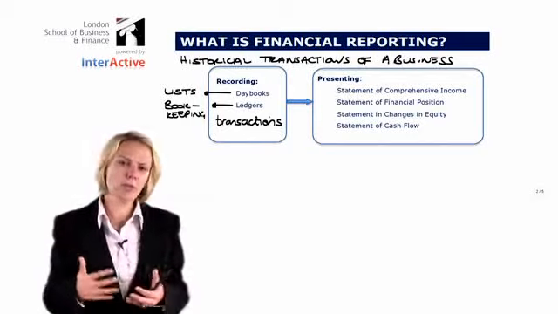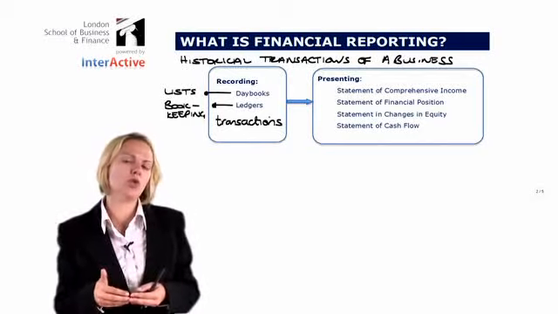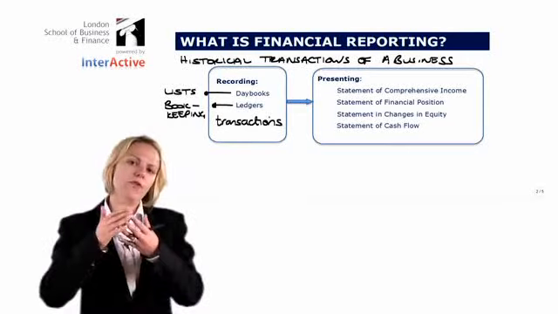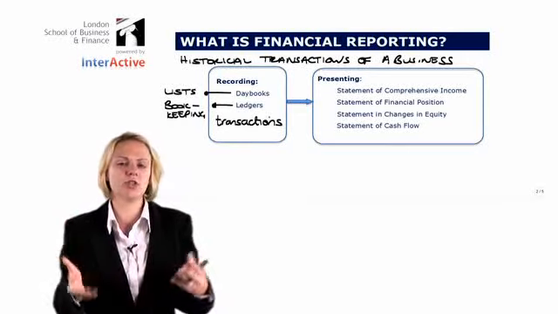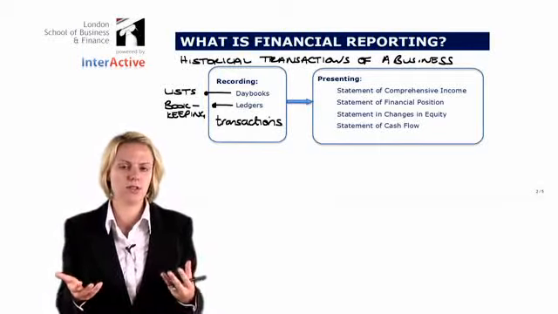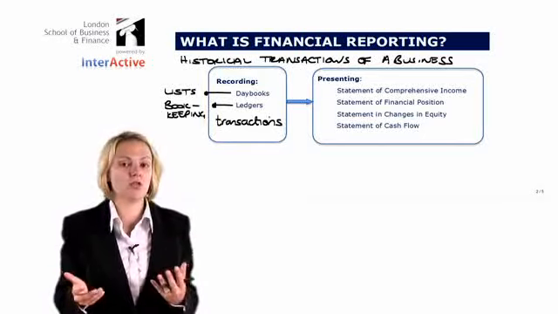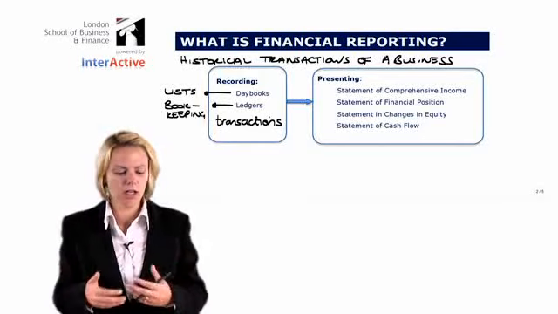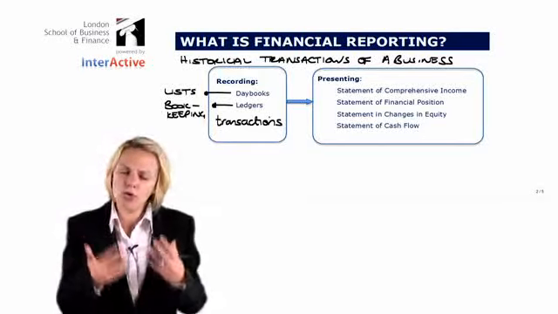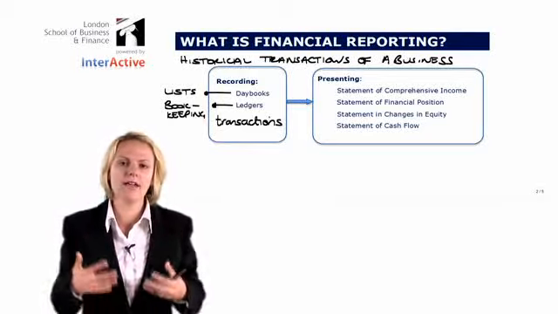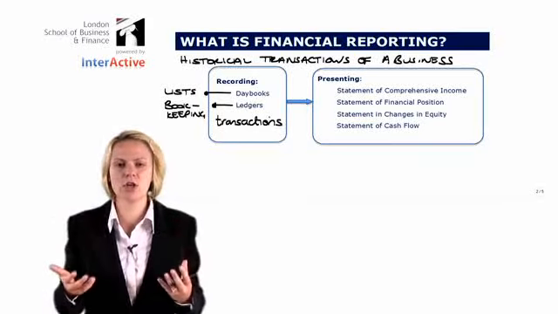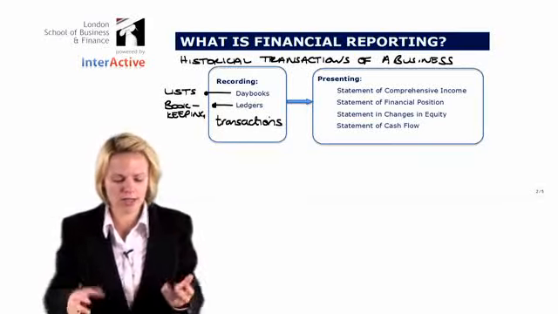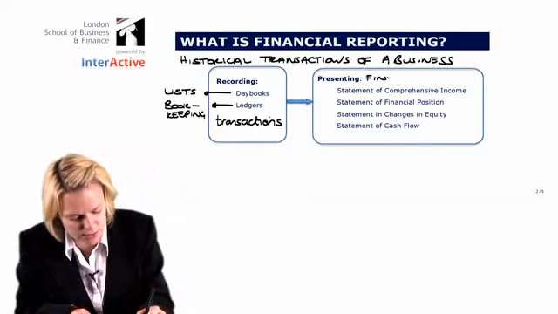So all our business transactions are first recorded in the day book to form a list, and then we post that list of transactions to the ledger accounts through a process of double entry bookkeeping. Now we're going to do that all the way through the year, and then we're going to summarise and present that historical information on a set of financial statements.